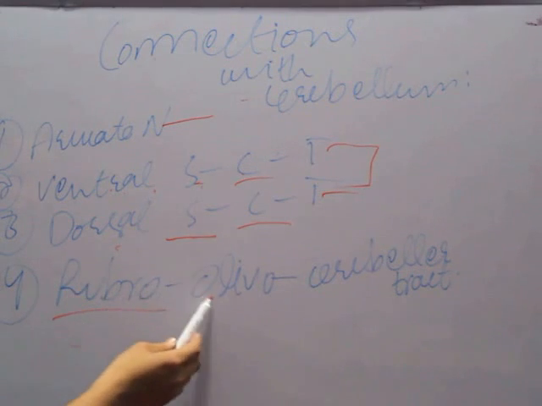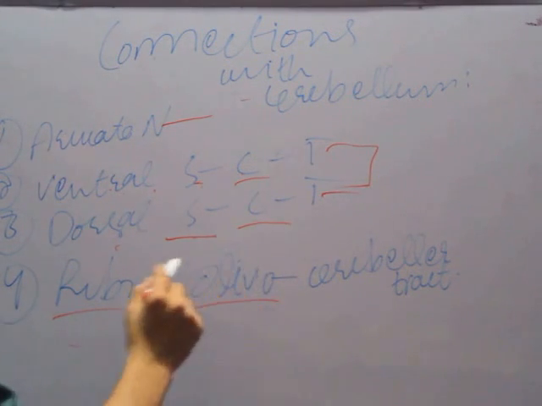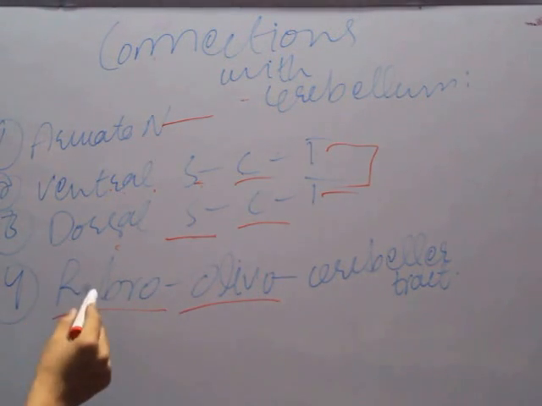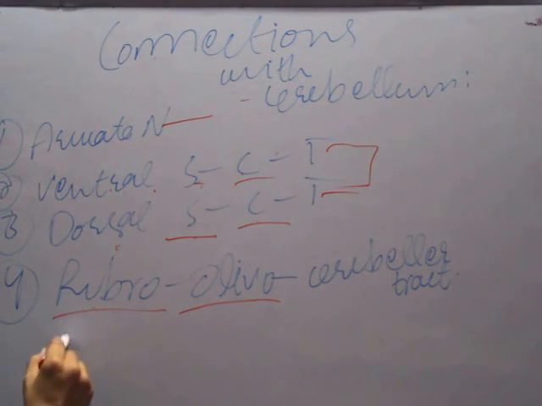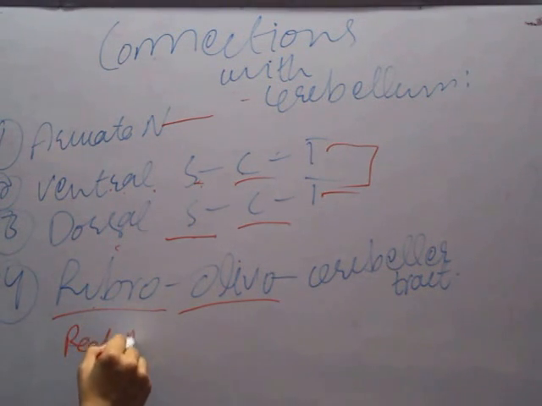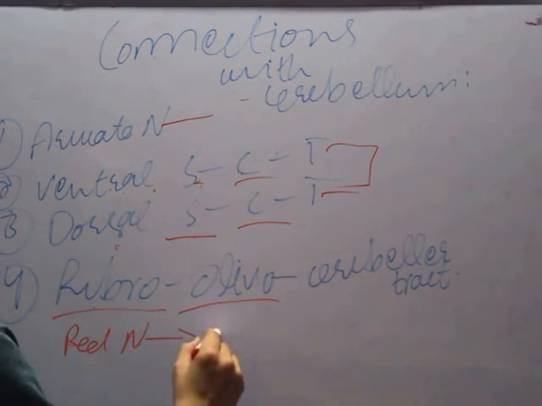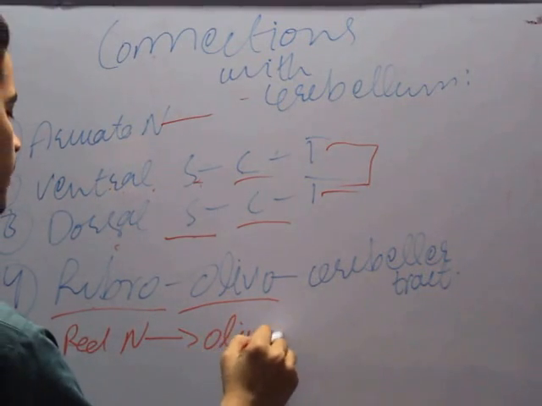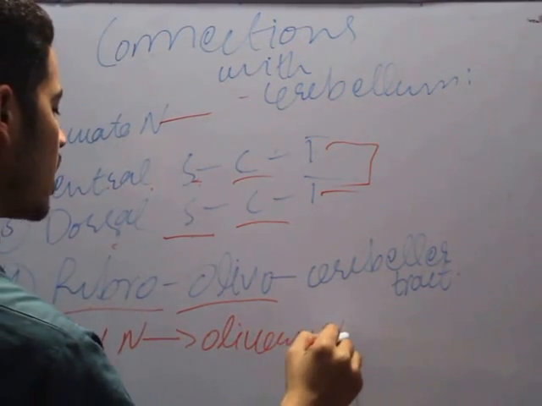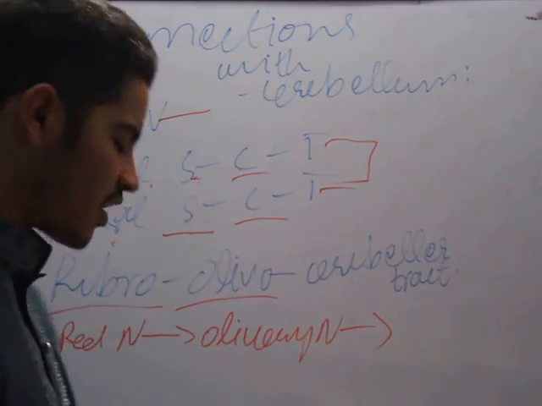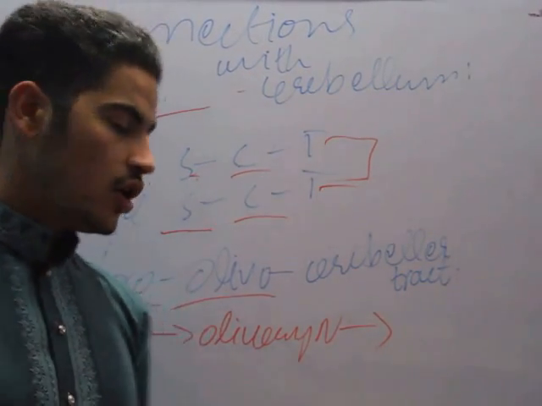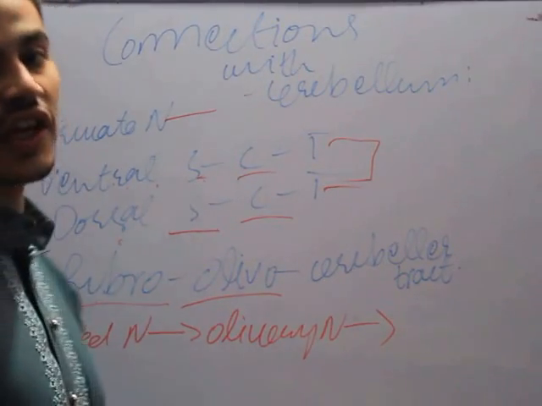So rubro-olivo, these are olives of medulla. So first from red nucleus, fibers will come to the olivary nuclei, which are present in your olives of medulla, and then these fibers will go to the cerebellum.